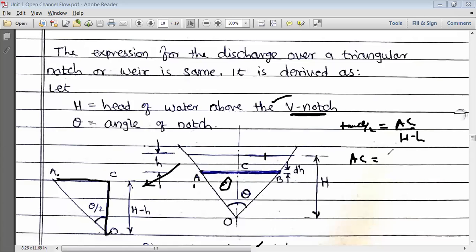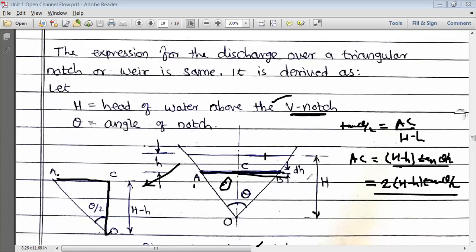AC is equal to (H minus h) into tan of theta by 2. This was about this much portion. If we want the total length, it is twice, so I can write 2 times (H minus h) into tan theta by 2. Okay, this is the length.